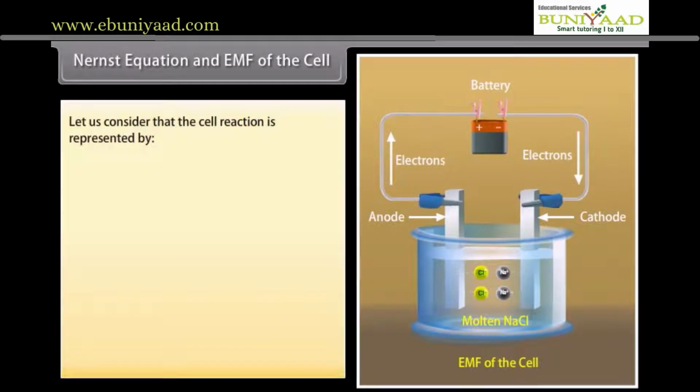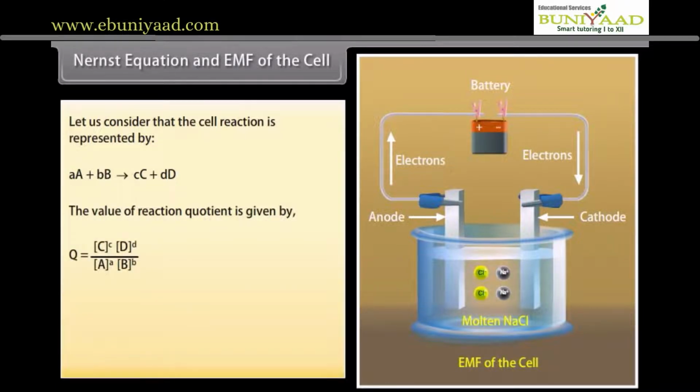Let us consider that the cell reaction is aA plus bB gives rise to cC plus dD. The value of the reaction quotient is given by Q is equal to C raised to the power c into D raised to the power d divided by A raised to the power a into B raised to the power b.